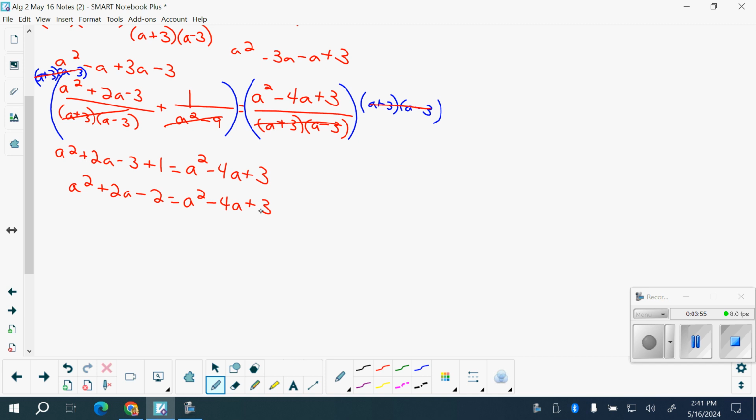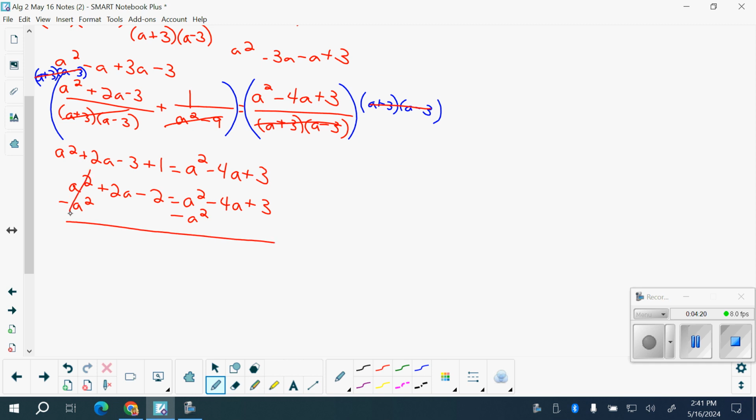So first, before we do anything else, what should we do next? So it looks like we might need to factor, but let's get our a squareds together on one side. So let's subtract a squared first.